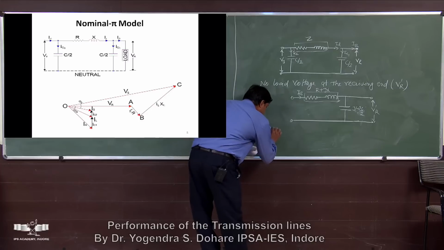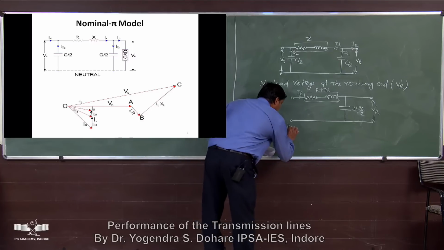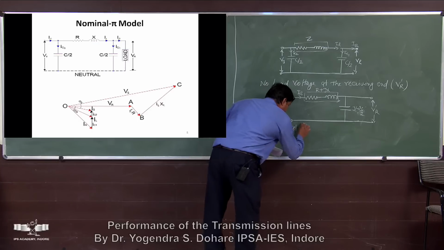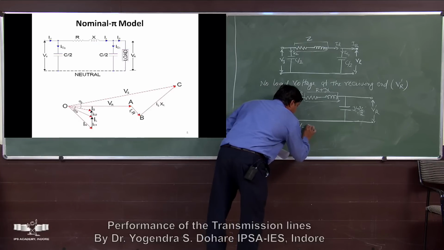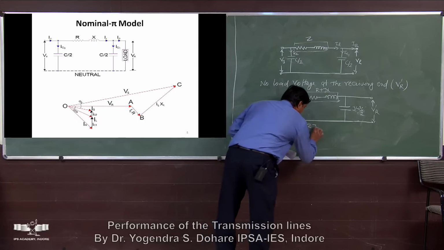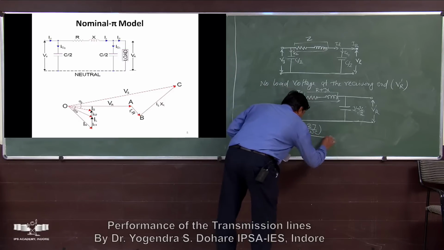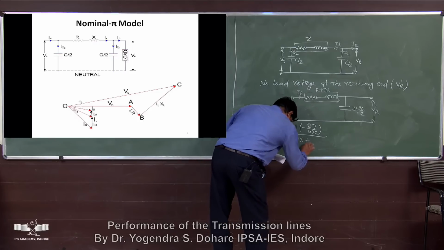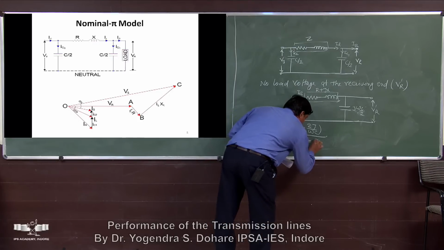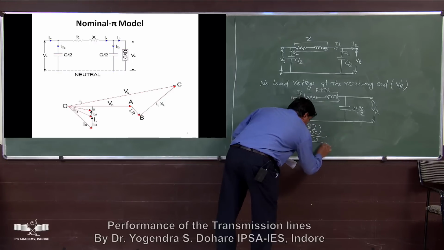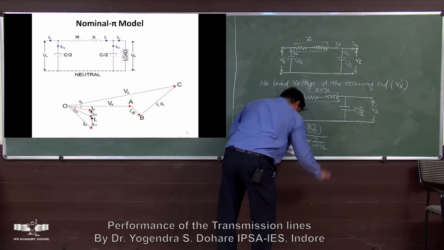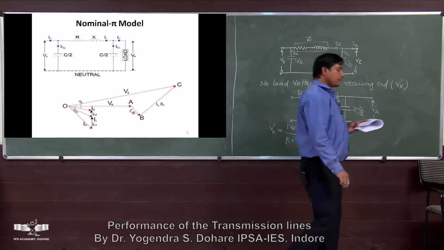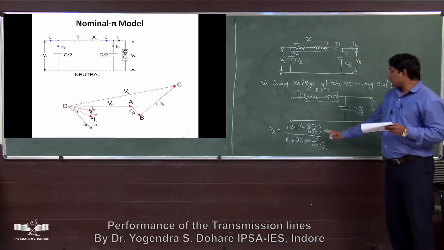So we can write the no load voltage V dash R equal to mod of Vs minus 2 j upon omega C divided by R plus jX minus j upon omega C by 2. This is the no load voltage.